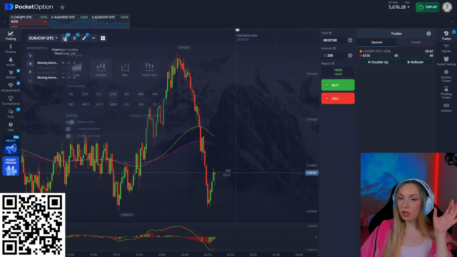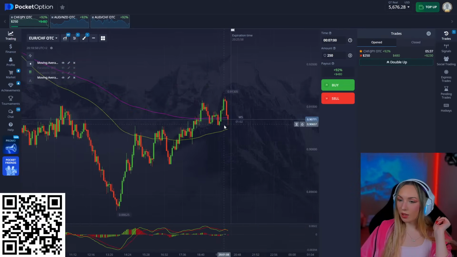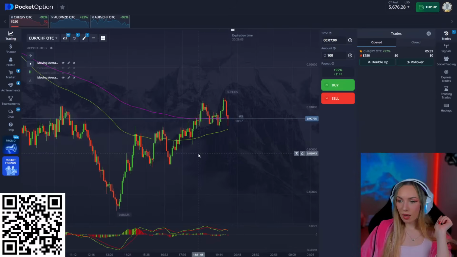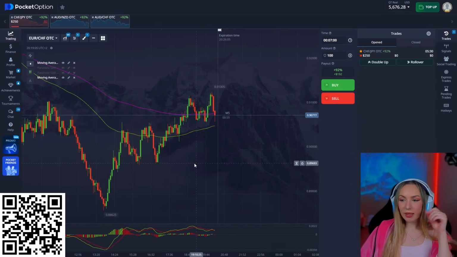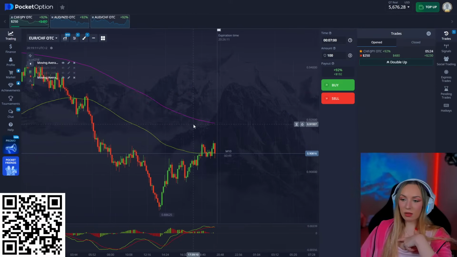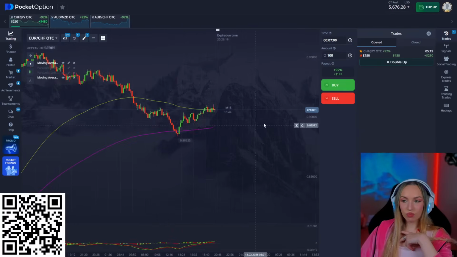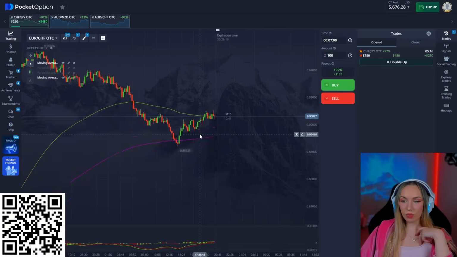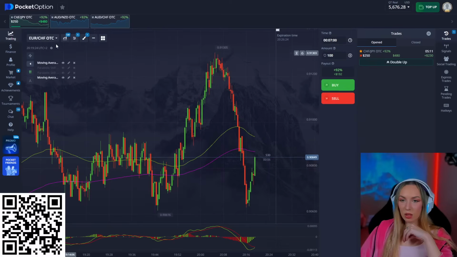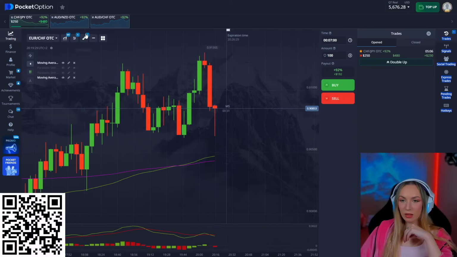And Euro CHF is forming the signal to open the trade in the upward direction. It has an upward trend, but I wouldn't say that it has a clear channel, so a little bit chaotic here, maybe a little bit lateral.